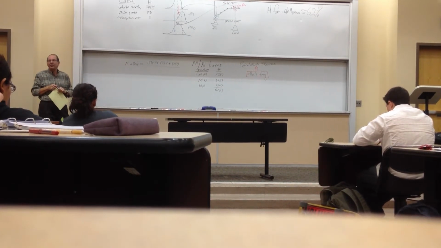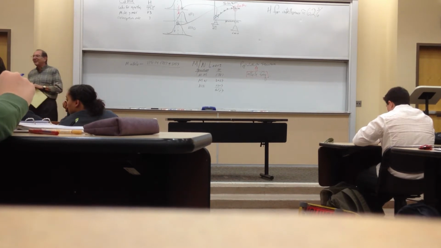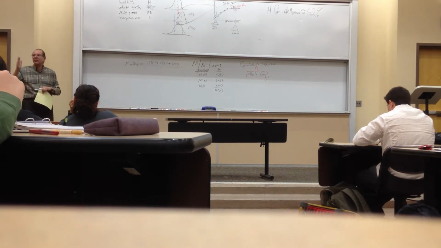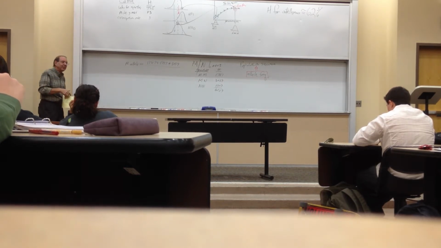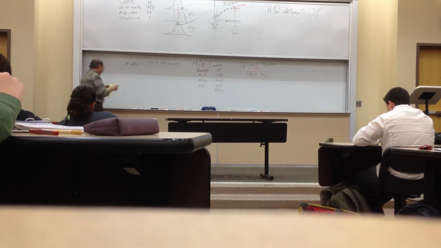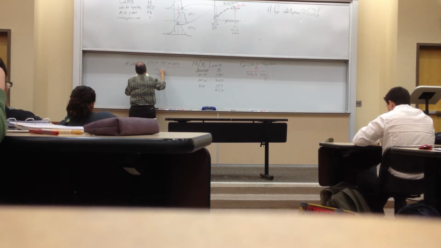No, it is not 6129. It's times 2. Why times 2? Because we want the allele frequency, and each one of the 6,000 individuals has 2 alleles. So we multiply the number of people by 2, which is 12,258.